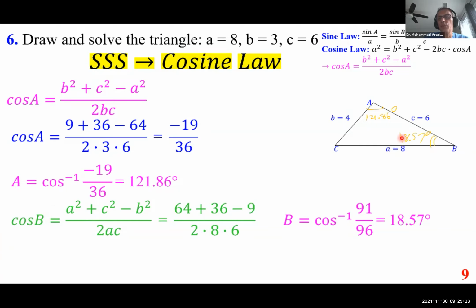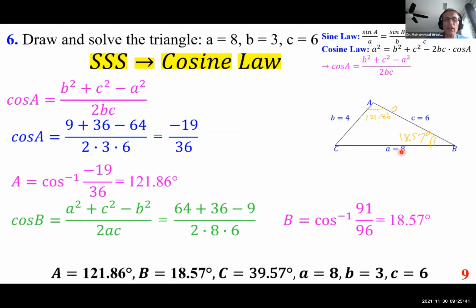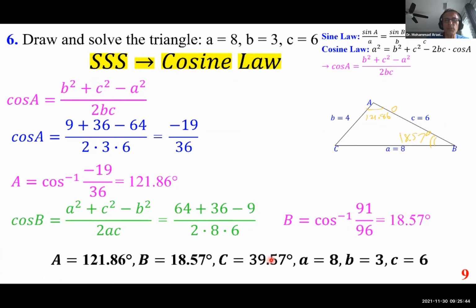Clearly, this angle would be 180 minus the sum of these two, because the total interior angles must add up to 180, and that results in 39.57 degrees. Again, how do we come up with that? Add these two, subtract from 180. Very straightforward.